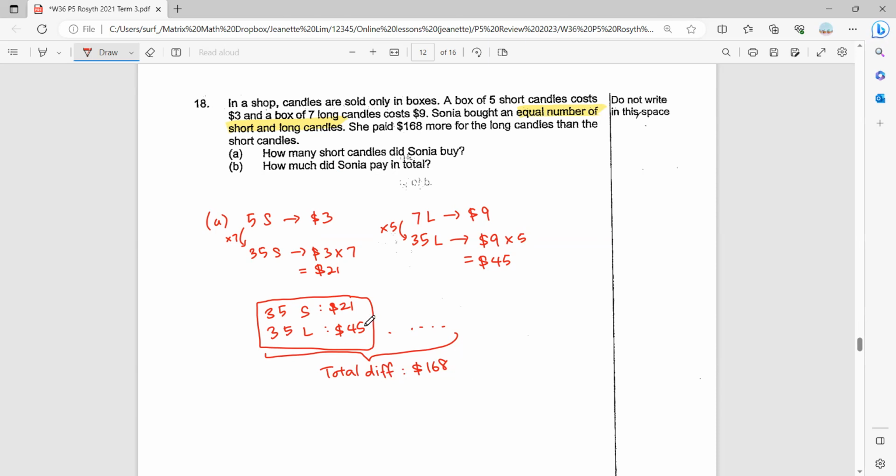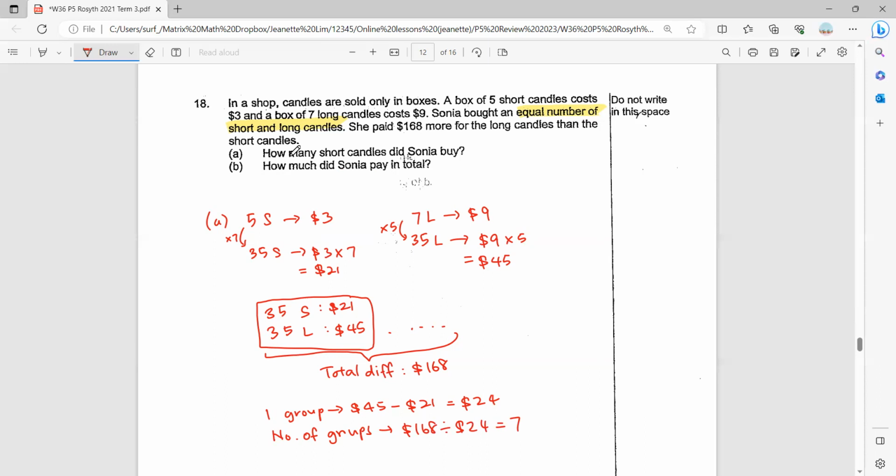If you are given total difference, you should be finding the difference inside one group. So for one group, don't add but minus. $24. So number of groups, $168 divided by 24, which will be 7. So there are 7 groups.